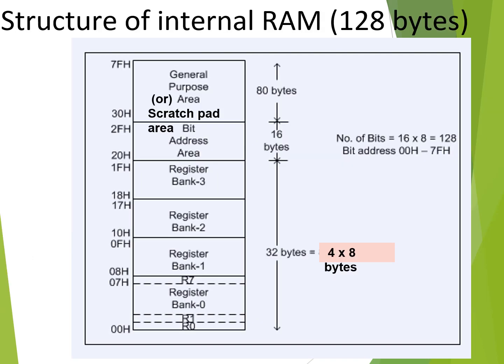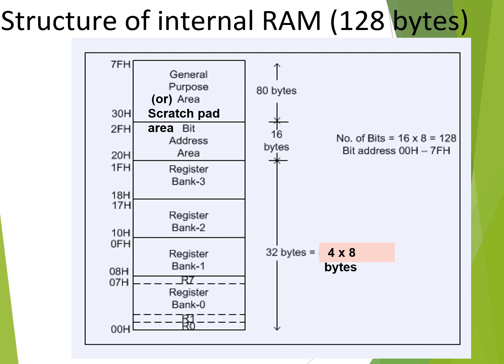The internal 128 bytes of RAM is divided into three sections. The lower section is 32 bytes, which corresponds to 4 register banks. Each register bank is 8 bytes, so for 4 register banks it will be 32 bytes.